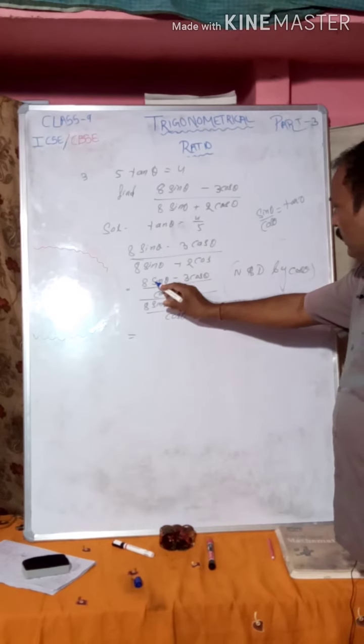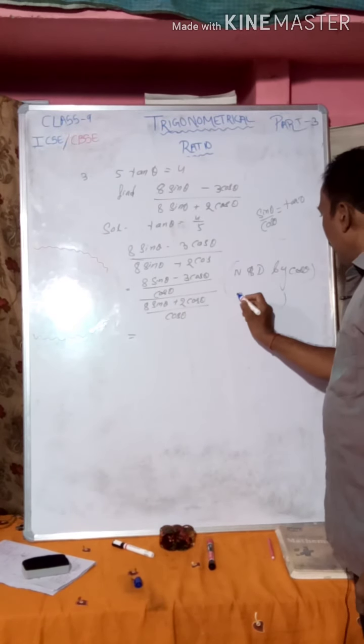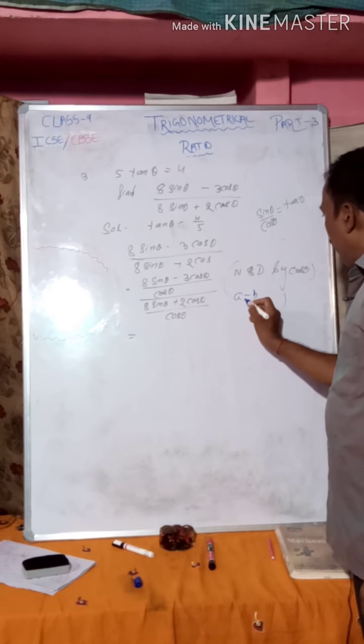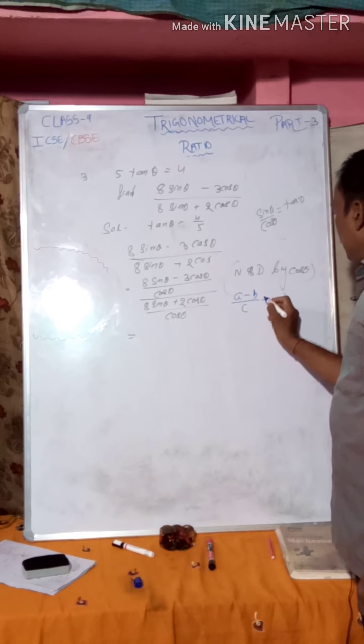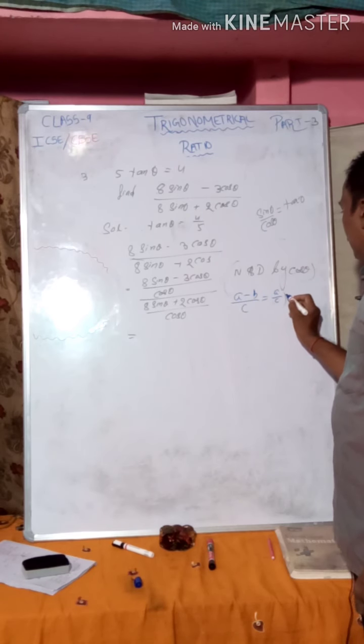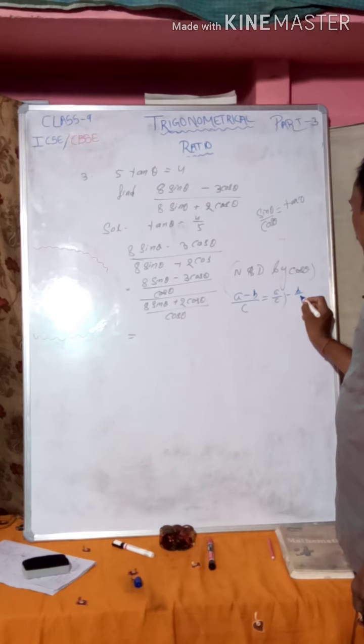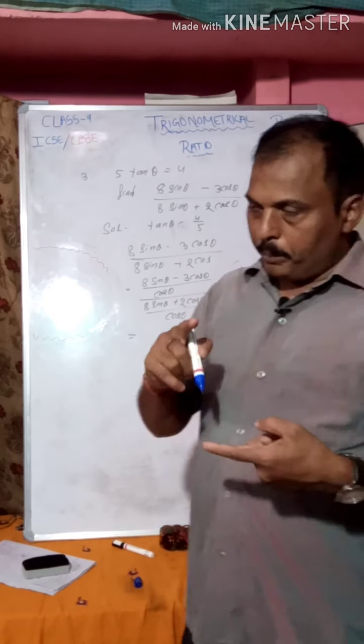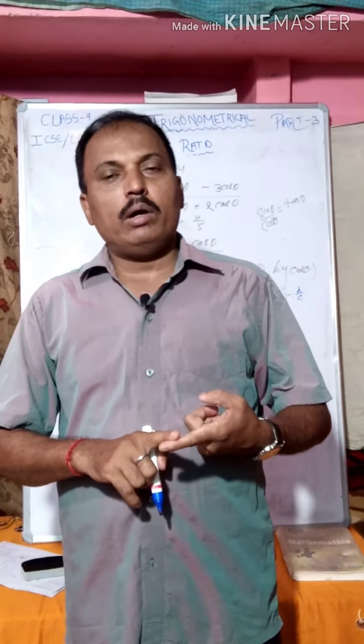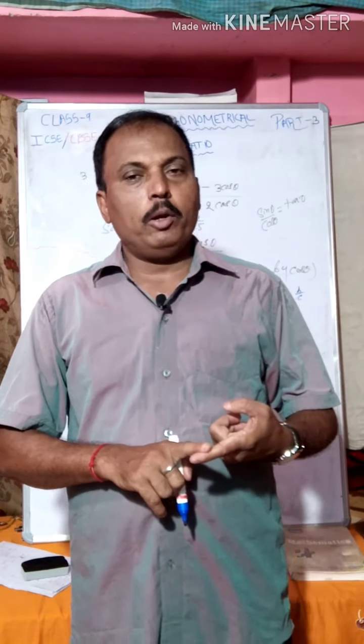We know a minus b upon c is equal to a upon c minus b upon c. A plus b by c is equal to a by c plus b by c.